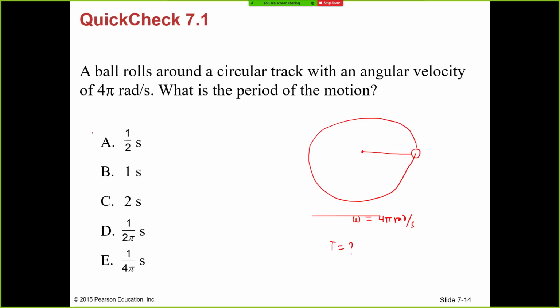We have the formula for the relationship between omega and time period, which is 2 pi over T. So T is 2 pi over omega. 2 pi over 4 pi. So pi and pi cancel. So 1 over 2. Time period has the unit of seconds.